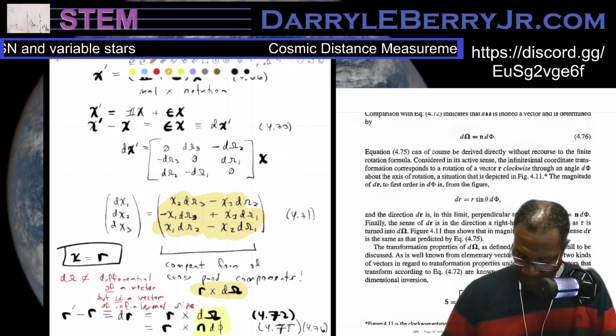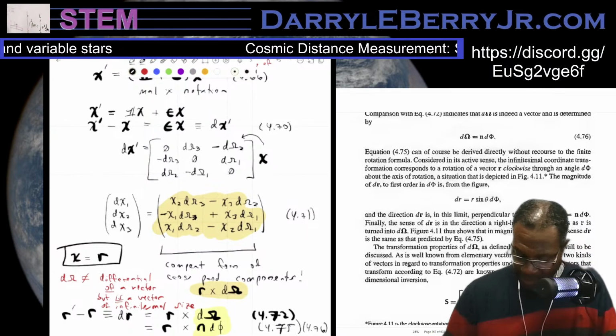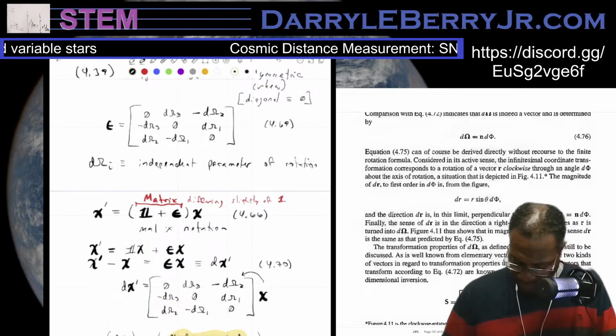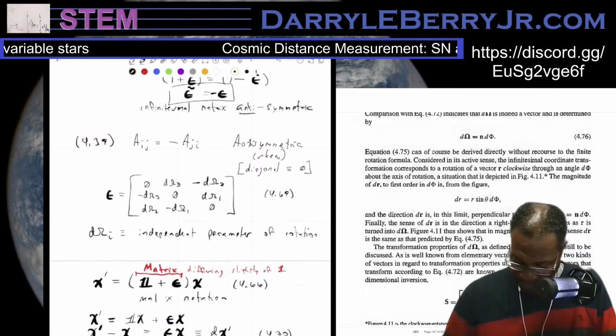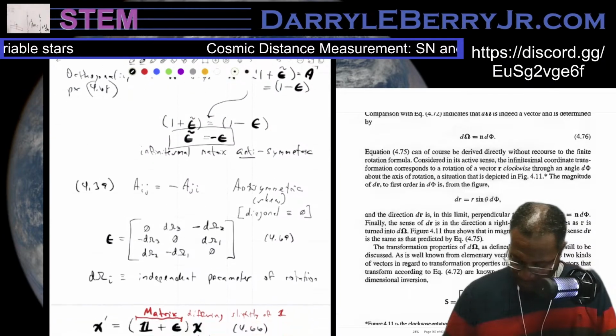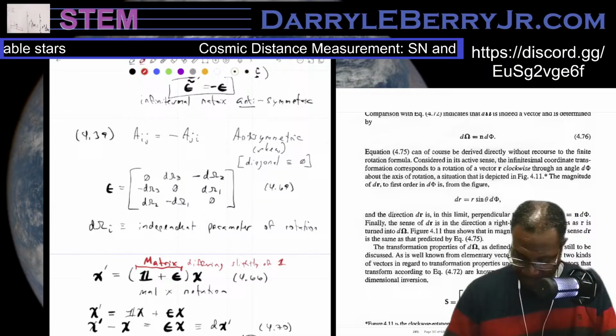And we get this from multiplying the x vector into there. And we get that vector. Yeah, this one.